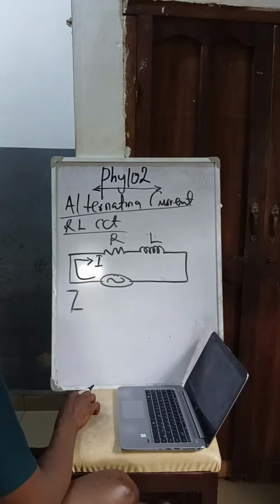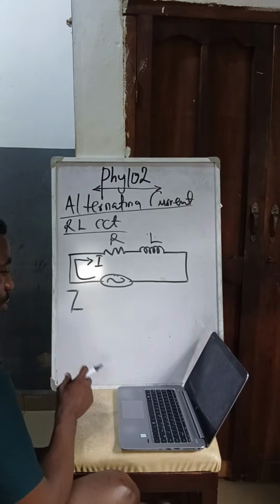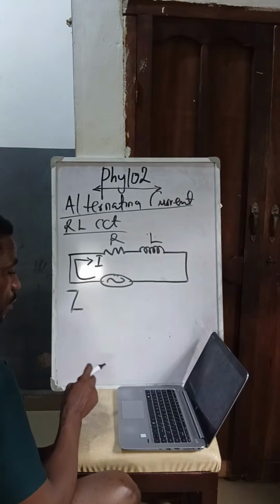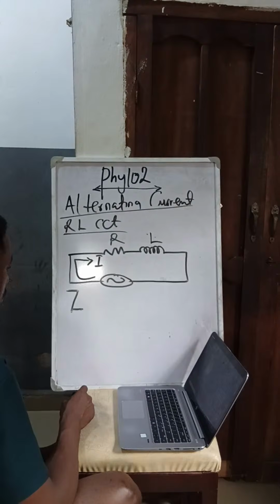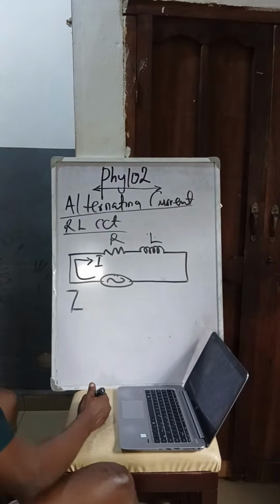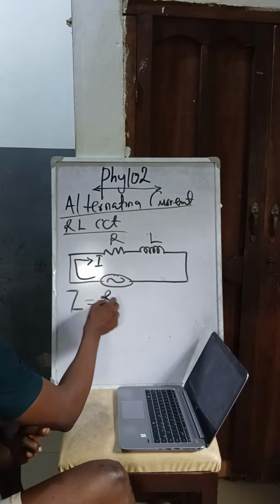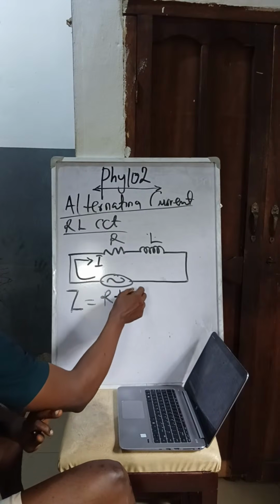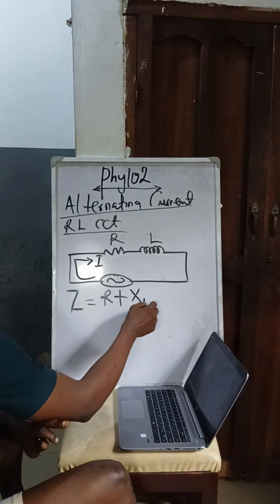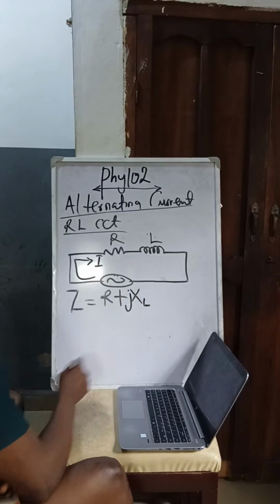The overall opposition to current by the circuit is called impedance. So impedance, therefore, is R plus XL.